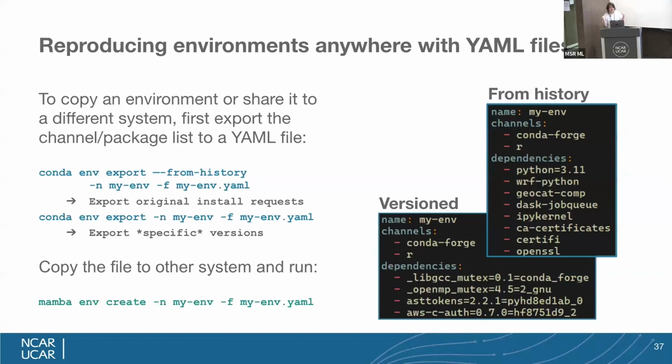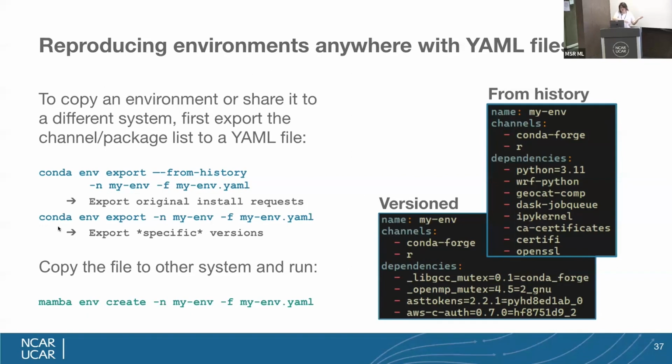Reproducing environments using YAML files. So, very cool one. If you want to pass your environment around in a really modular sense, you can give a YAML file to people and actually build using that YAML file, right? So what you need to do is create the YAML file first with this command here, conda env export --from-history, and then you give the name of the environment that you want to export into a YAML file, and then the YAML file that you want to export to.